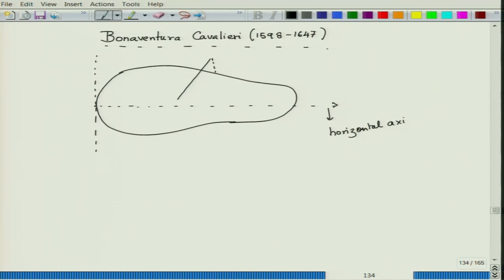So this is the horizontal axis. When you cut, you basically cut out a section, and the cut is something like this.